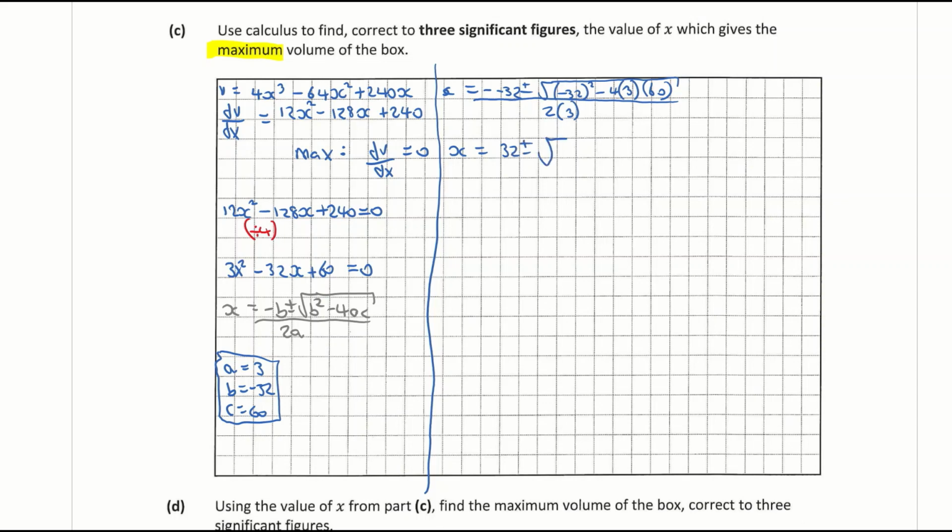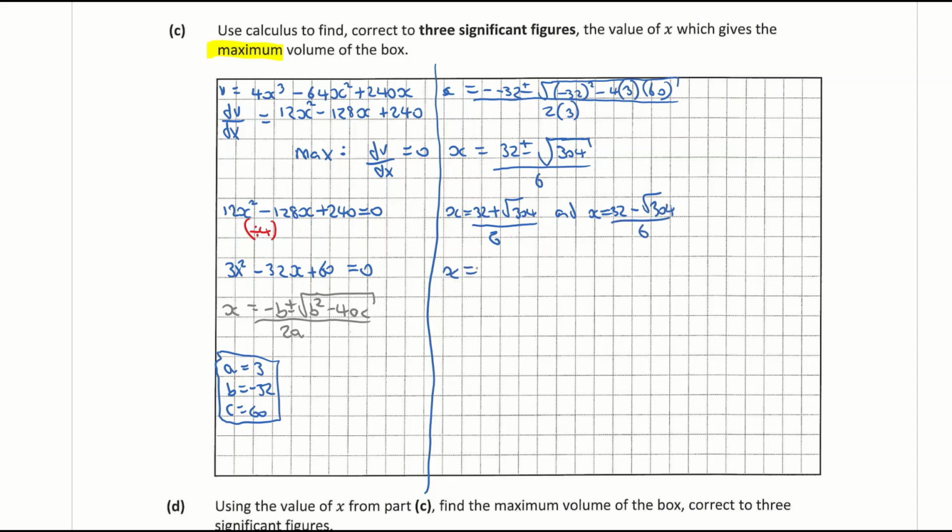And working this out on our calculator, just make sure that you put the minus 32 into a bracket, and I'm getting 304 all over 6. And if we do that out for the plus and the minus, we have x is equal to 32 plus the square root of 304 over 6, and x is equal to 32 minus the square root of 304 over 6.